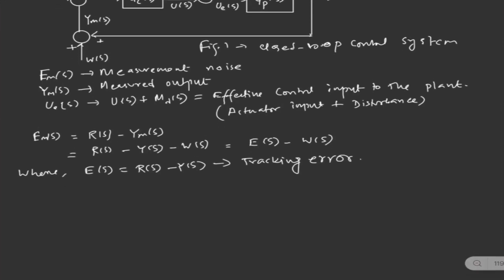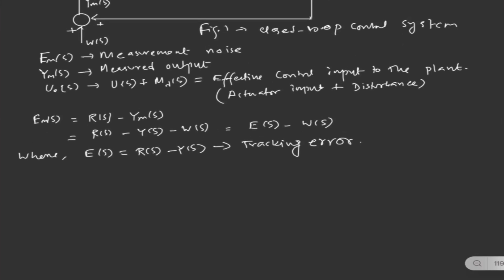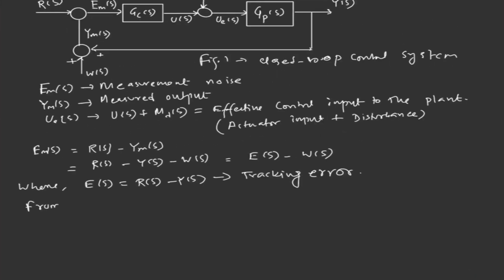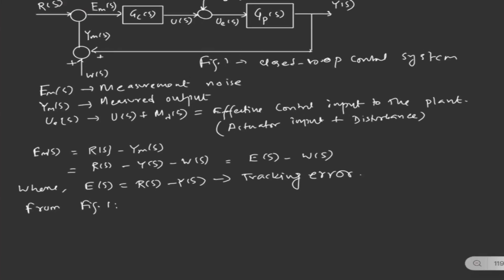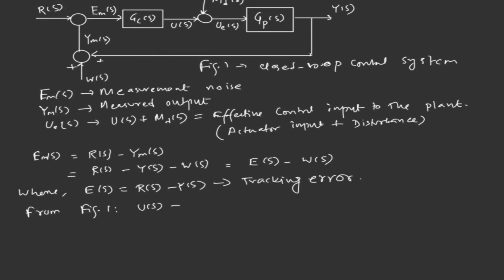Now we'll find US from the block diagram of figure 1. US we can write equal to GC of S into RS minus YS minus WS.